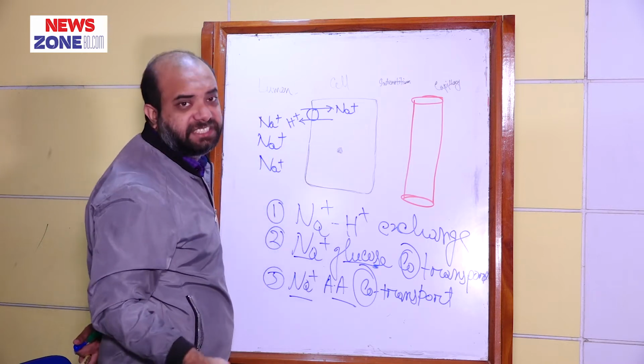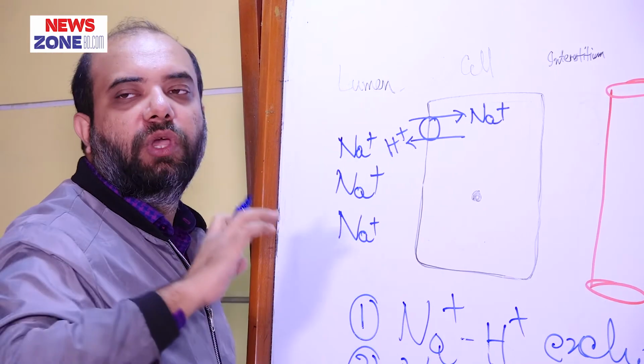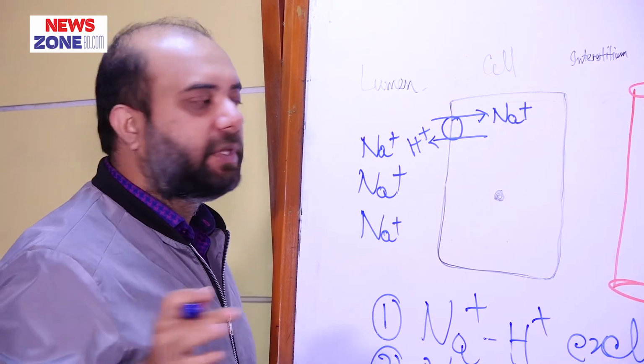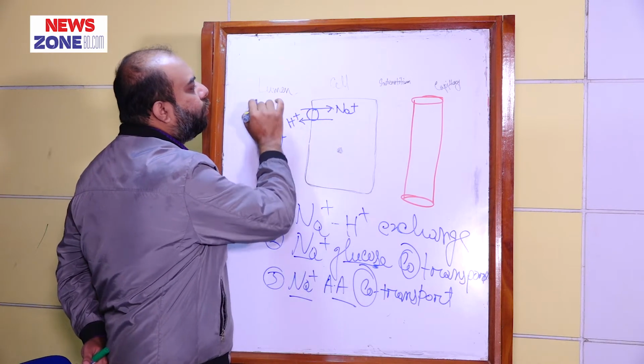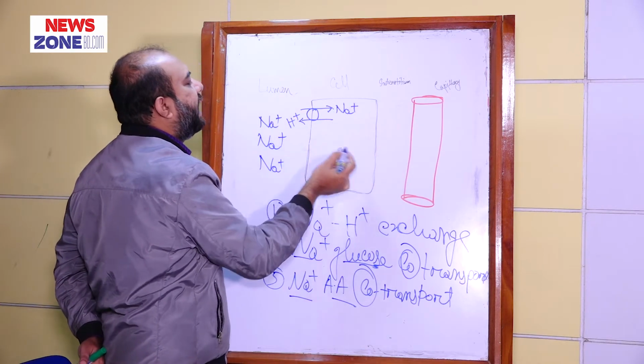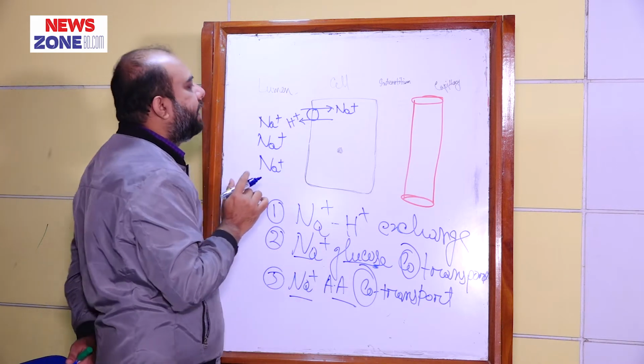So, we can easily see that these 2 substances will go in opposite directions. Sodium will enter from the lumen into the cell and the hydrogen ion will be secreted from the cells into the lumen.